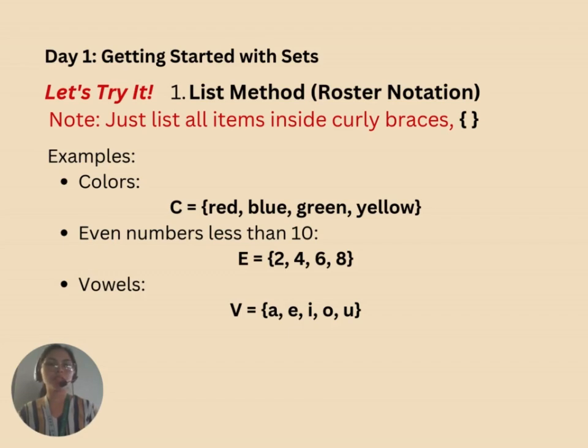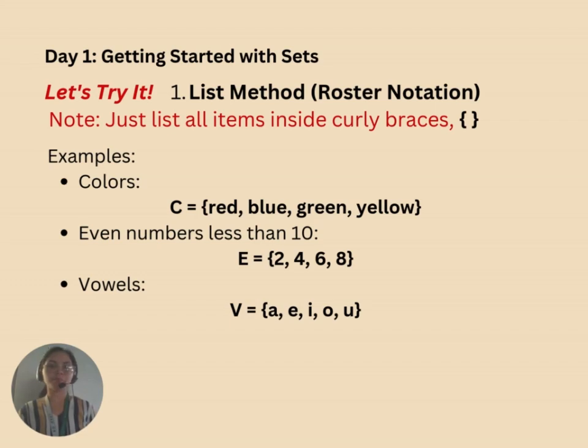We use capital letter C to name our set, and we write out all items inside the curly braces. So we have C = {red, blue, green, yellow}. That is how you're going to write the set of colors using the list method.